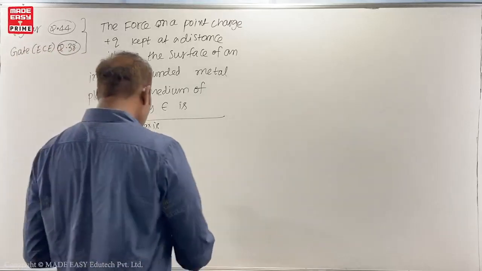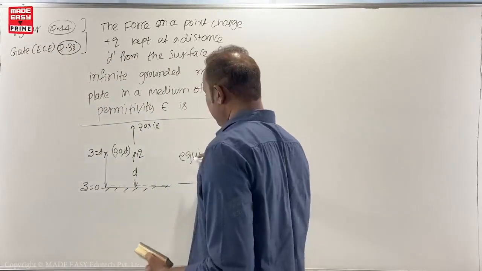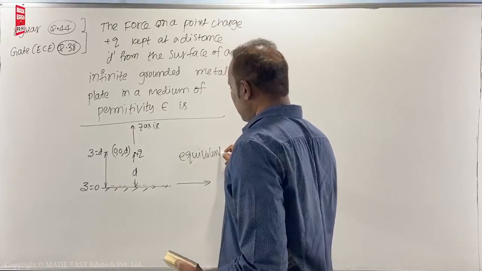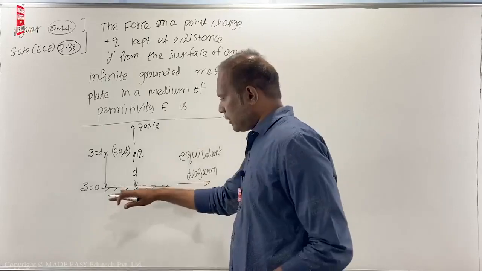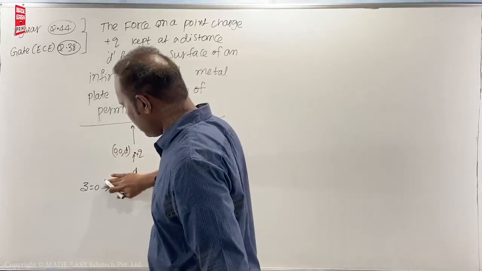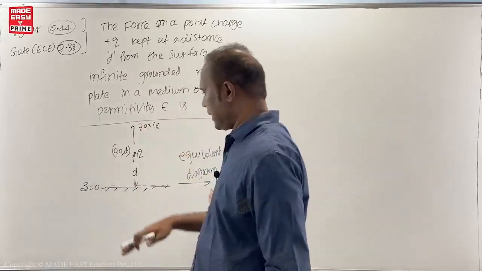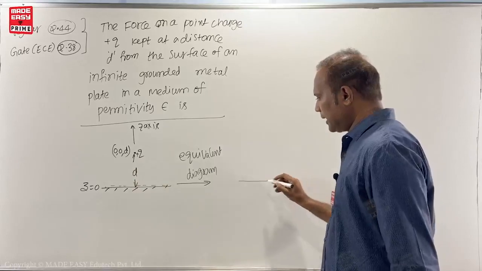So now let us draw the equivalent diagram. So equivalent diagram is, wherever conductor surface is there, I will remove this, so that this is z is equal to 0, this is z is equal to d height. Wherever conductor surface is there, you remove that, simply put one line there.